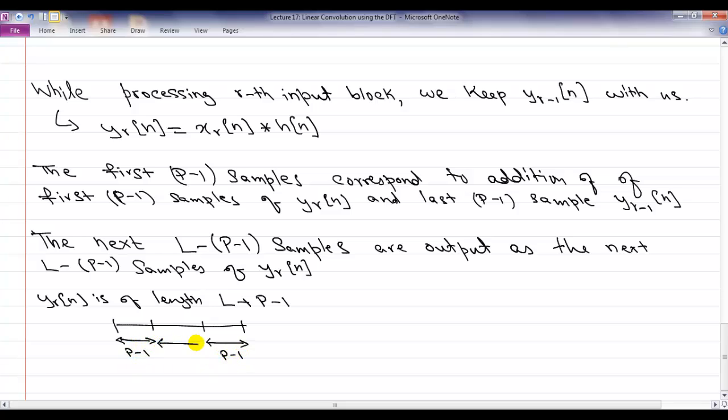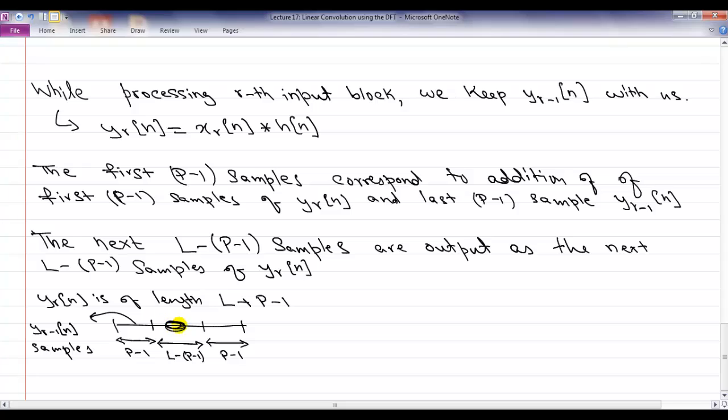And the middle piece is of length L minus P minus 1. Add them all up, L minus P minus 1 plus P minus 1 plus P minus 1, you get L plus P minus 1. So the total length is, of course, L plus P minus 1. While processing this block, you add this with the y_{r-1} samples.